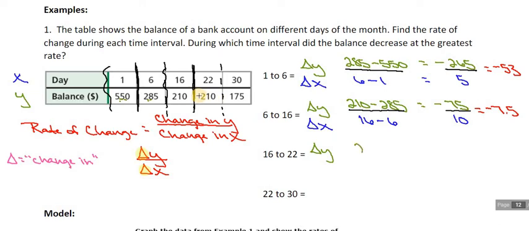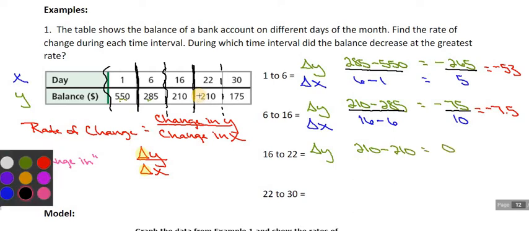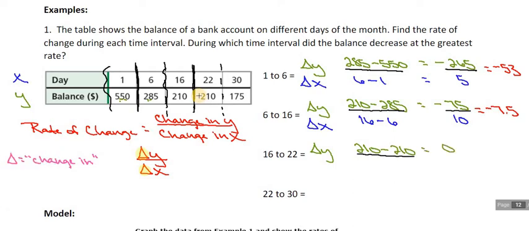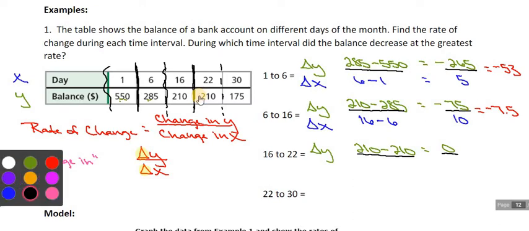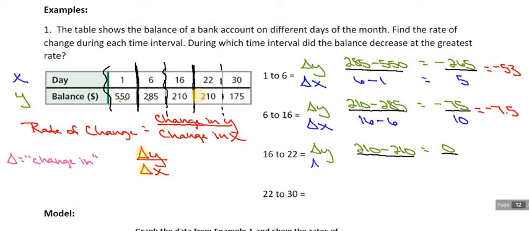There was no change there, so 210 minus 210 gives me 0, over my change in x's for that interval from day 16 to 22, an increase of 6 days because 22 minus 16 is 6, which gives me a rate of change of 0 divided by 6, which is 0.